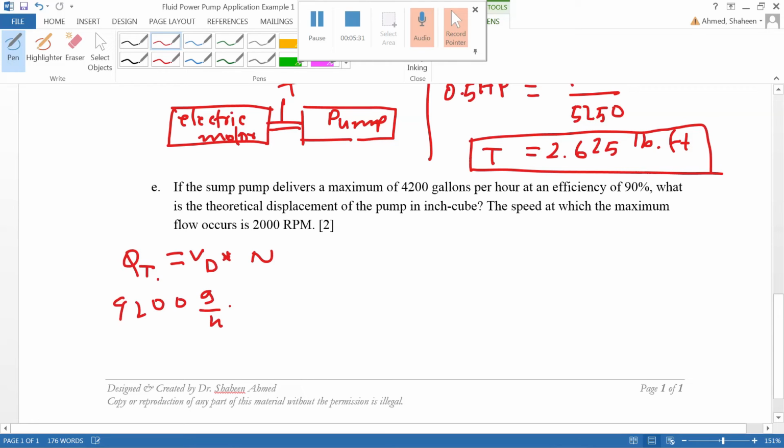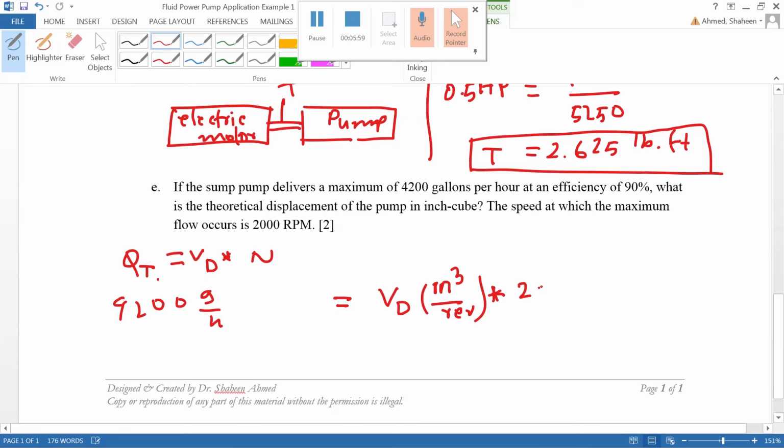So we have 4200 gallons per hour, which is the delivery, equal to, I'm just leaving some space in case we have to convert the units, VD, which is typically in inch cube per rev, but the rev is kind of silent. People just simply say inch cube. That implies that every revolution, that many inch cube of fluid is delivered.